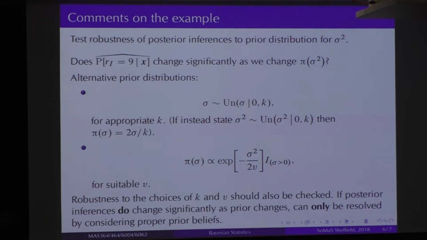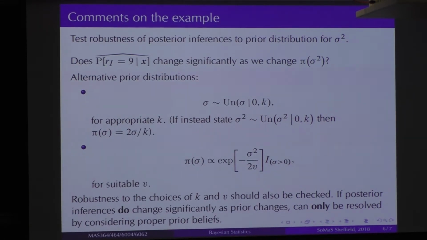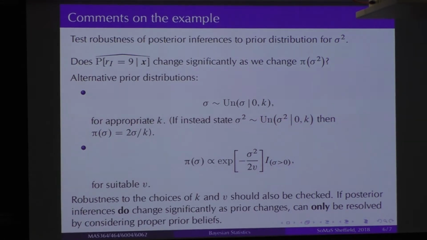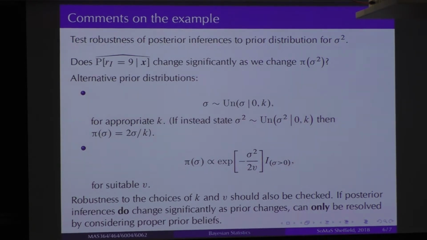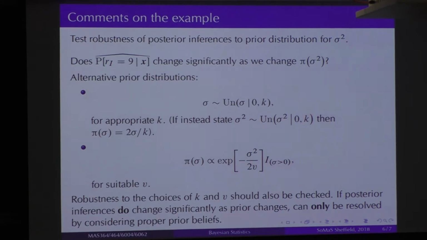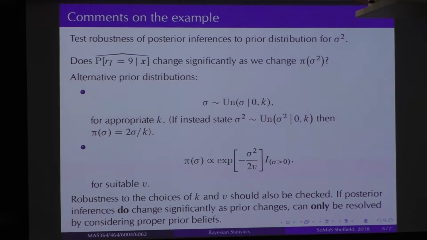We will do inference, and then we will compare the inference coming from different priors. Okay? If that inference is similar from different priors, then we know that that prior doesn't have an effect in our inference. So the inference is not sensitive to the prior. Okay? And then we will be happy, and we will be able to do whatever we want.